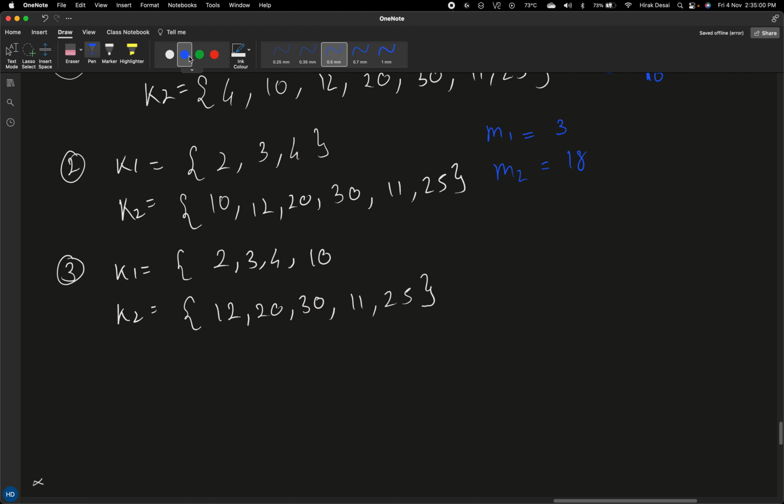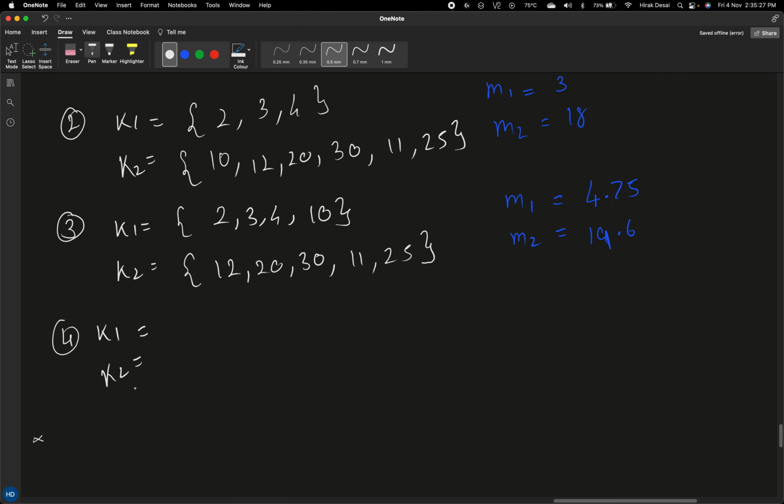Now again we calculate a new mean 1 and mean 2. Mean 1 and mean 2 would look something like 4.75 and 19.6. Cool. We are at the 4th iteration. At this point you'll be wondering, when does it stop?